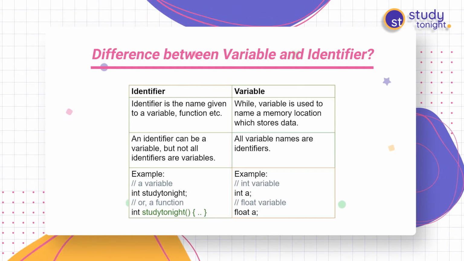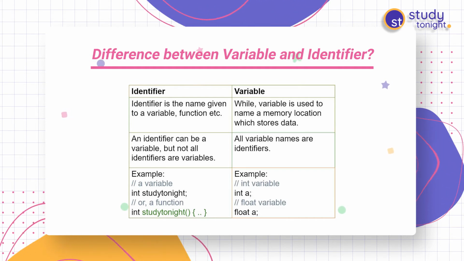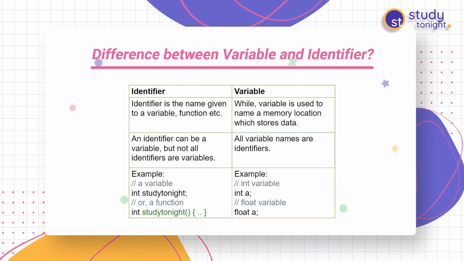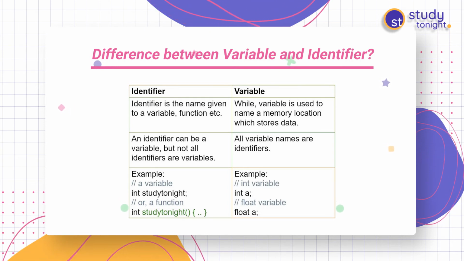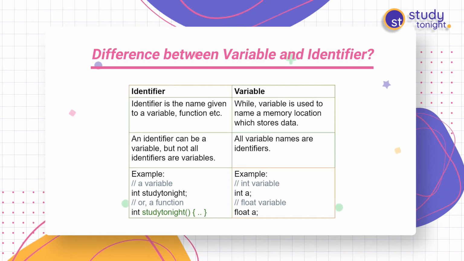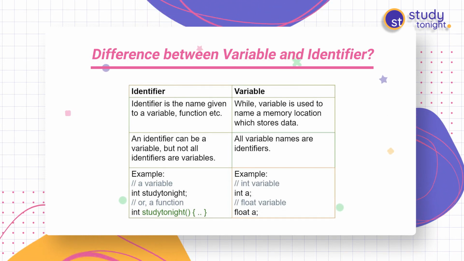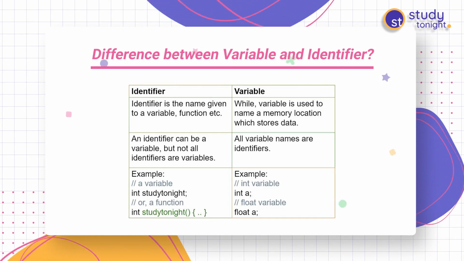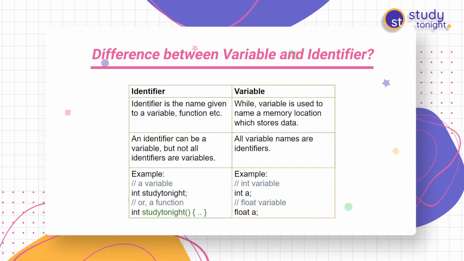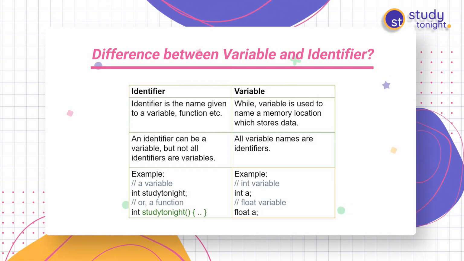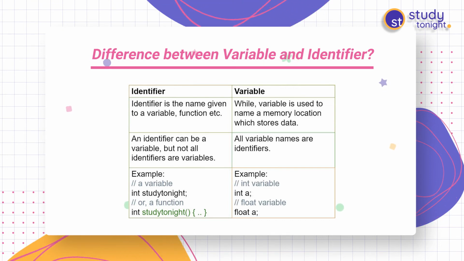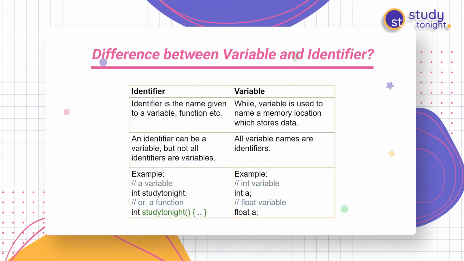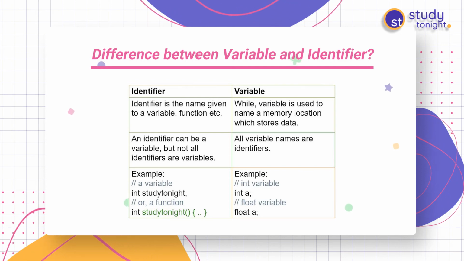The example is a variable, int study tonight. Int study tonight is an example. Now, or a function, int study tonight. So here int study tonight is a variable, or int study tonight is a function. Now in this, int a is a variable, and float a is also a variable.